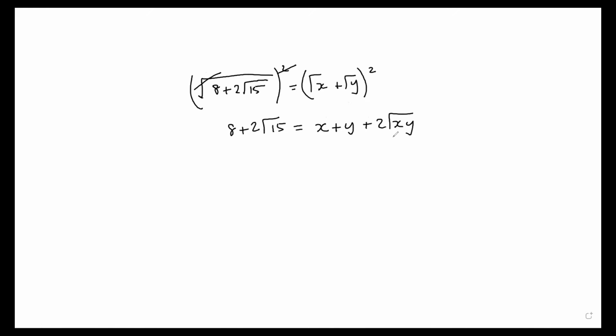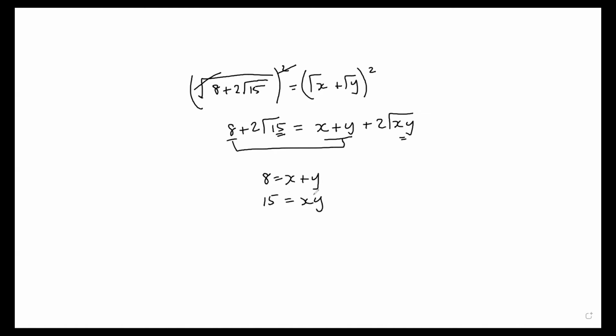So that means that x plus y is related to 8, so they're equal. So 8 equals x plus y, and the root 15 is equal to root xy. The 15 is equal to xy underneath the square root sign.